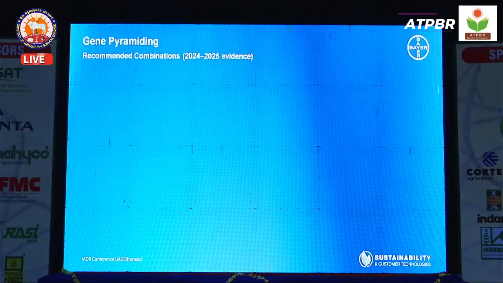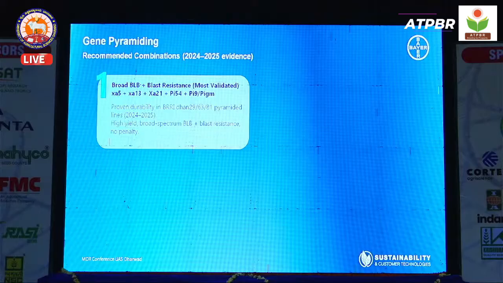Gene pyramiding recommendations from my side, based on evidence. I'm sure many of you might be following this, but this is just to reiterate that the first recommendation, broad BLB plus blast resistance, is the most validated, where Xa5, Xa13, Xa21 and Pi54, Pi9 combinations have proven durability, and many products have been released.